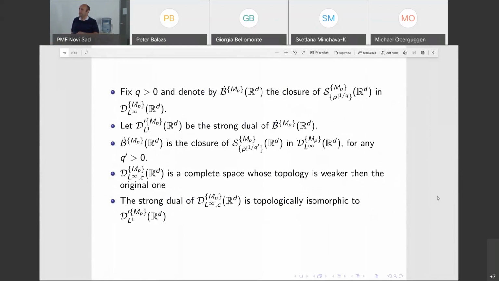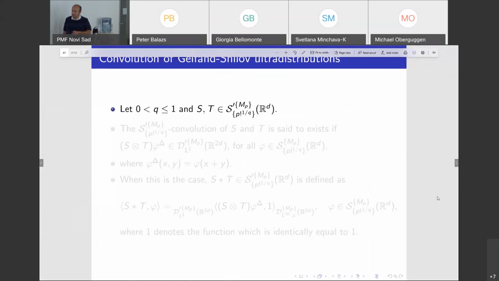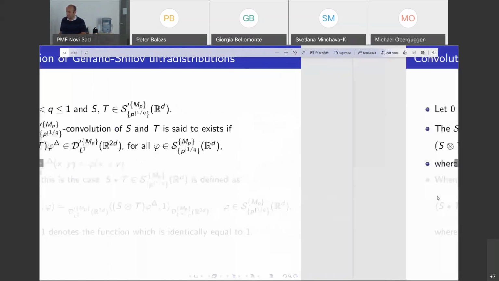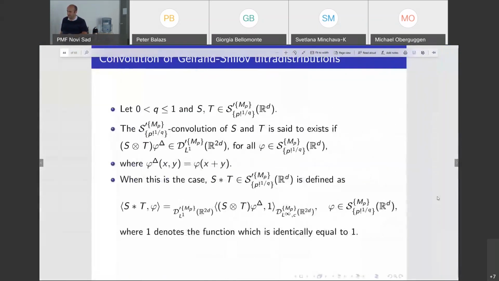And then we need to define a convolution, because it's not so straightforward. For two ultradistributions, so for two generalized functions of this type, the convolution exists if this nested thing belongs to D'_{L^1}, for all test functions that are rapidly decreasing in this way, where this is just a standard thing.